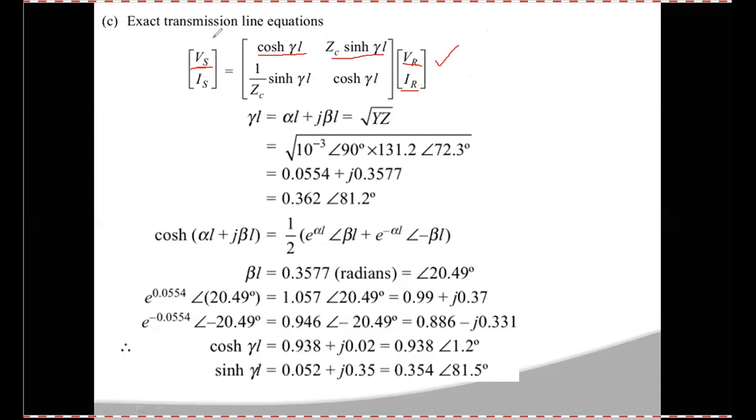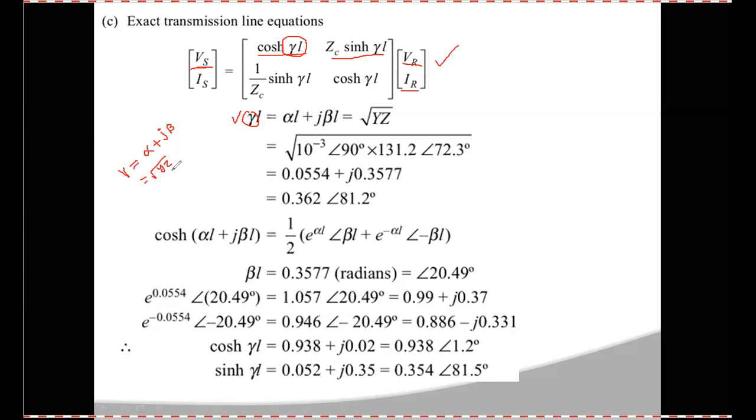So in all the equations you will have the gamma L. Gamma is a complex number, in the form of alpha plus j beta, which is equal to root of small y small z, called the propagation constant.